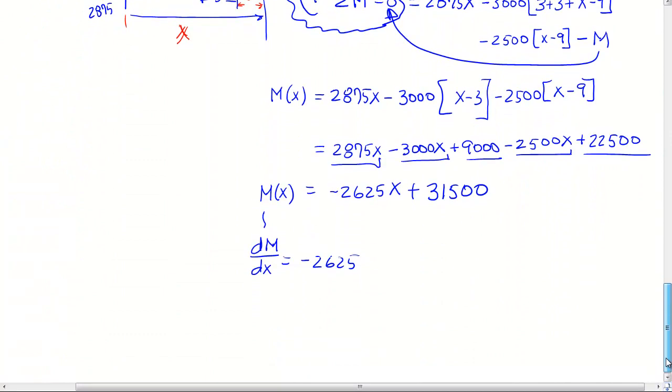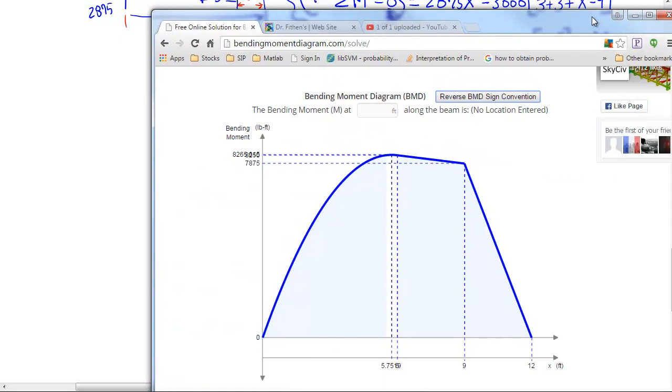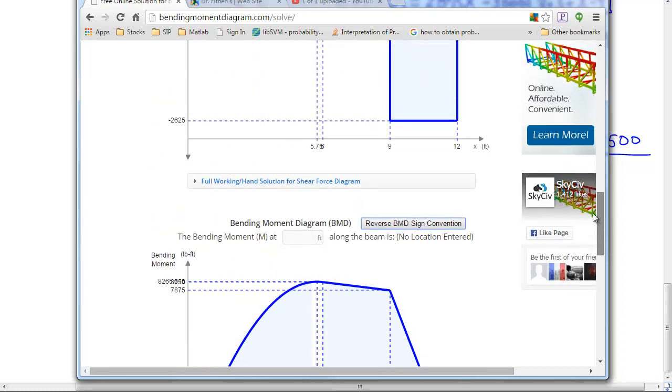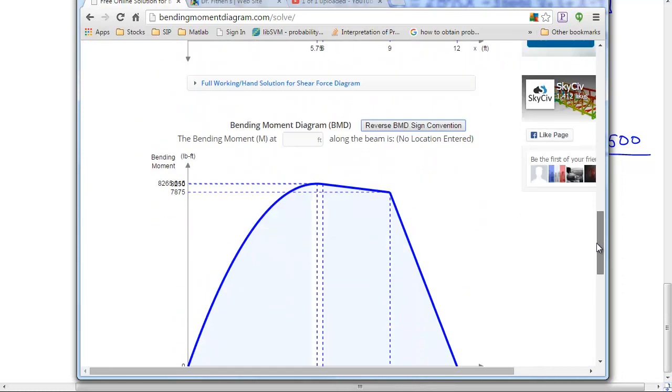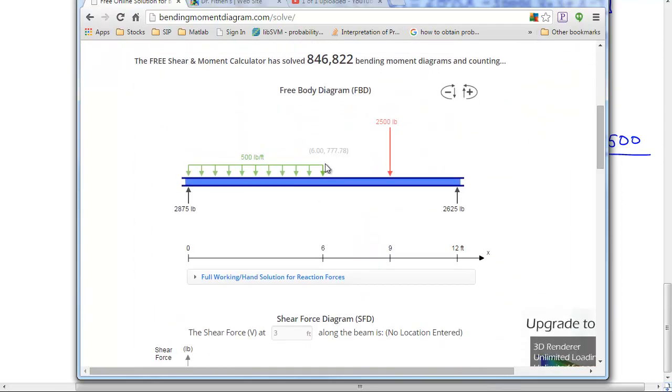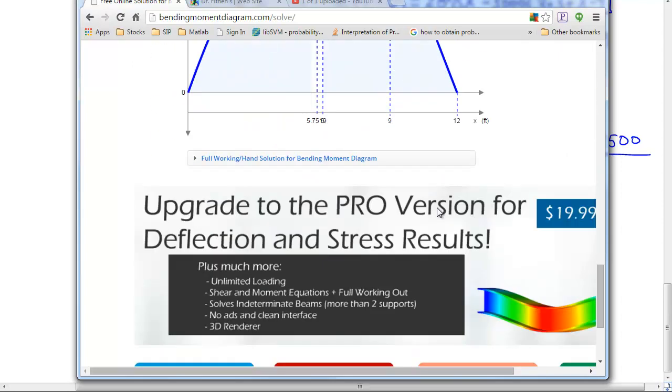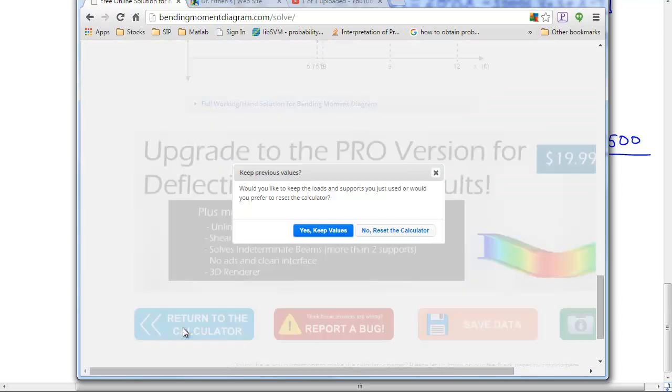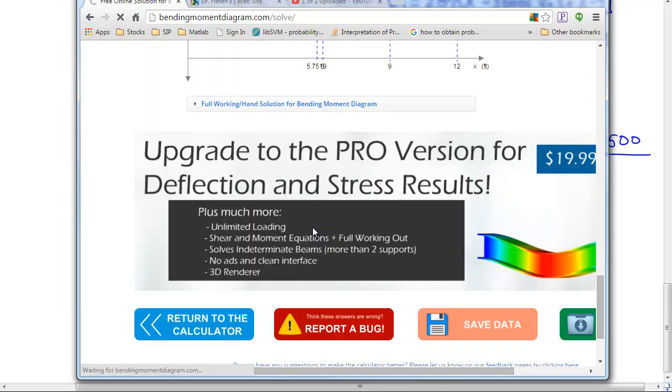So I hope going through this problem has been instructive. I maybe have done a little bit more detail than I should have, but I'm hoping that you'll make ample use of this piece of software that is, of course, free. And you can go back in here, and I believe I've got this. This is the problem I just did. If there is a button, return to the calculator. Yes, keep the values.